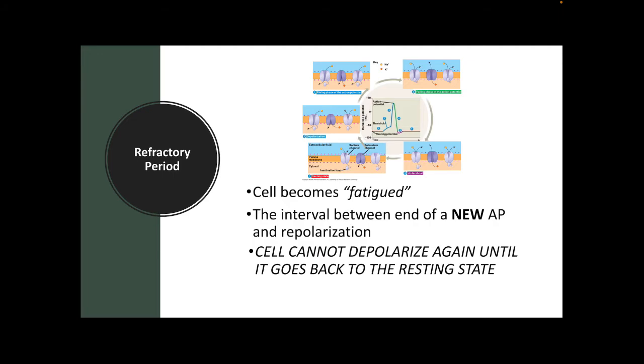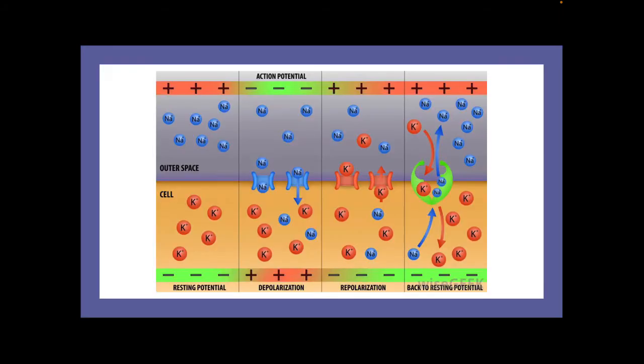And this is known as the fatigued stage because it's so exhausted that it can't handle another nerve impulse until it has returned back to its resting stage. So you see in the last part, the return back to its resting stage, is what happens during the refractory period.